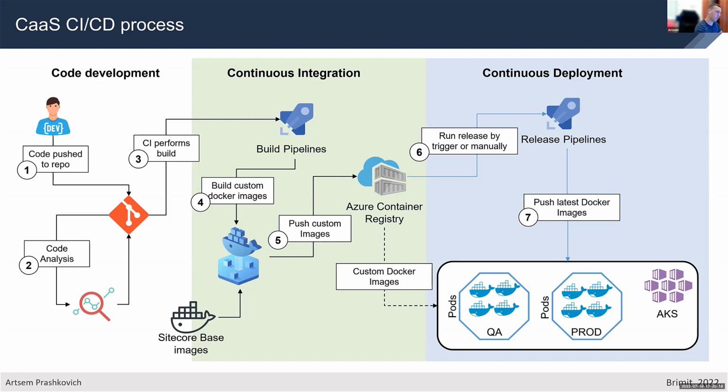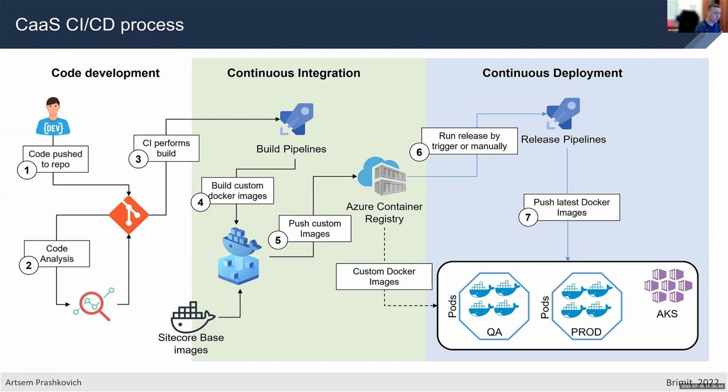And once our build is run, the result of the build will be pushed as an image to the Azure container registry. So Docker build is utilized. Docker is used as a tool to build our custom images, of course. And we can see that our custom images are built on some Sitecore-based images.